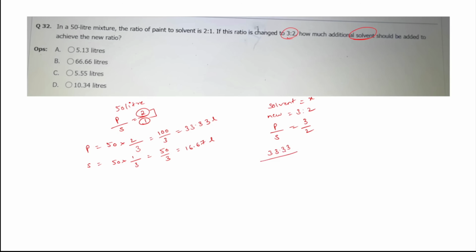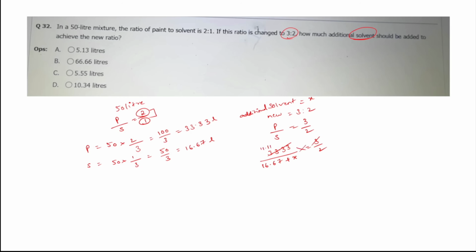They are asking for the additional solvent only. So we take the additional solvent value as X. So we need to write the solvent like 16.67 plus X, which is equal to 3/2. So here in the 3 table, 33.33 will get cancelled by 11.11.